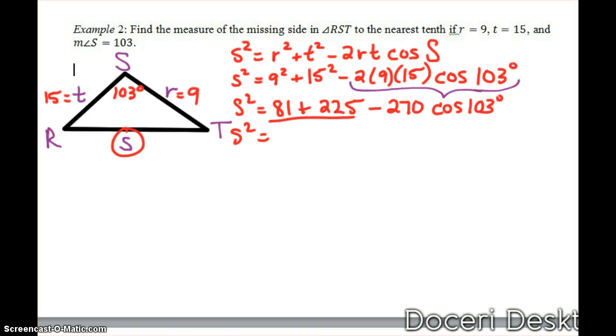I'm going to add 81 and 225, that's 306. And I want to get an approximation for 270 times the cosine of 103. And that is going to be negative 60.7368.